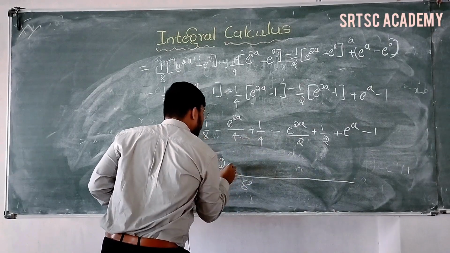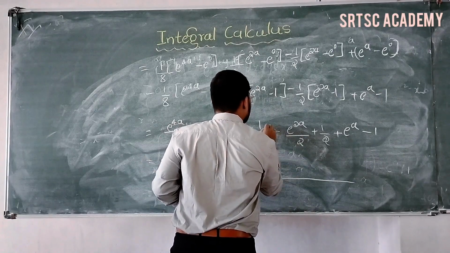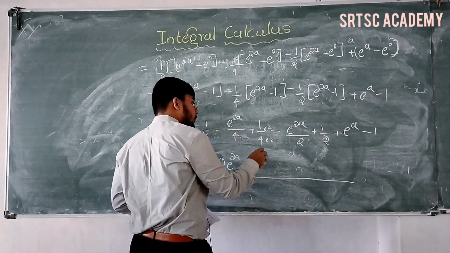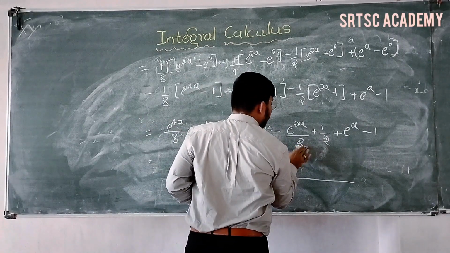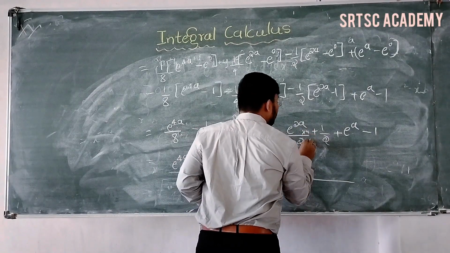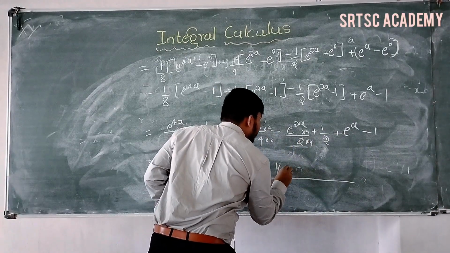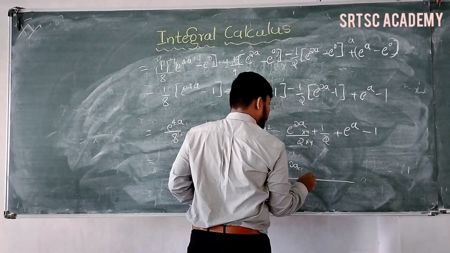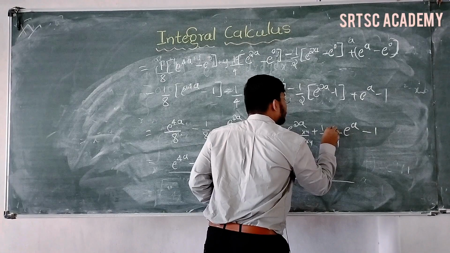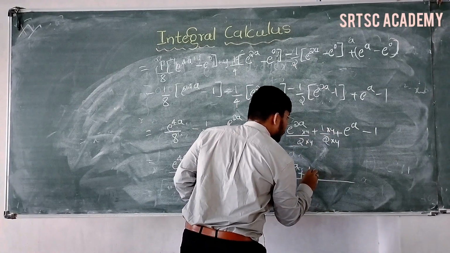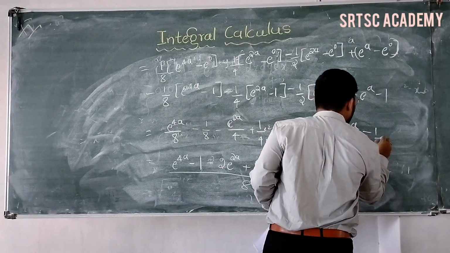So 2e^(2a). Here denominator 2, so multiply both by 4 to get denominator 8: 4e^(2a) plus 4. Here denominator 1, here also 1, right?